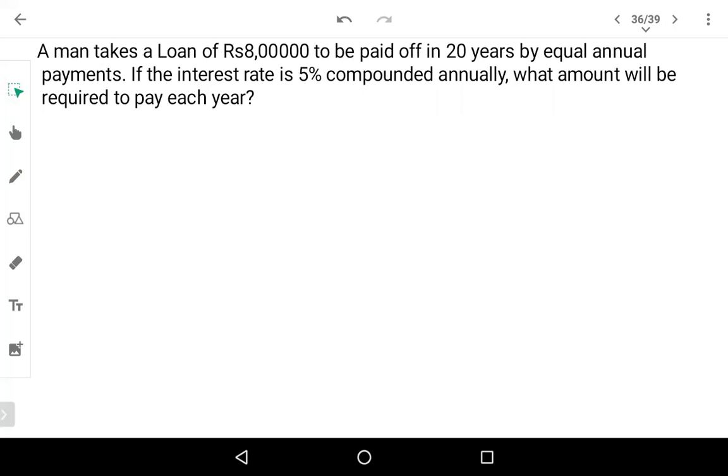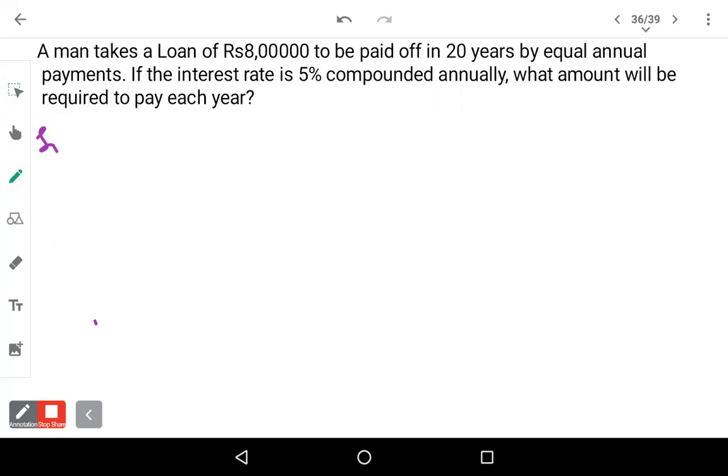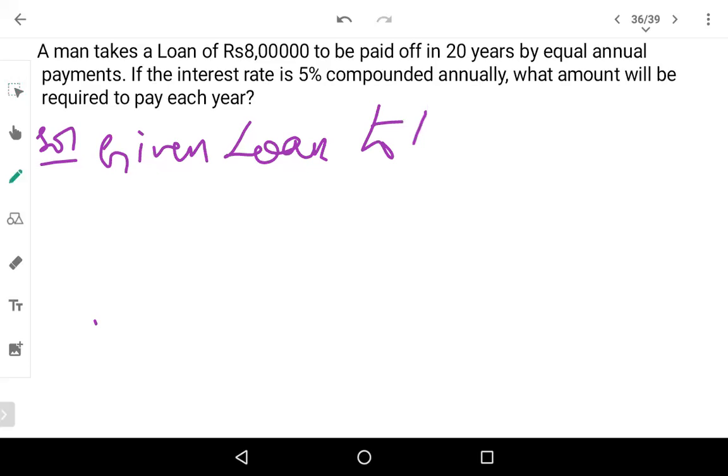Okay, so first we will write down what is given to us. Solution: the loan to be repaid, how much is the amount we have to repay? He is supposed to repay 8 lakh rupees, which will become the present value of the amount.